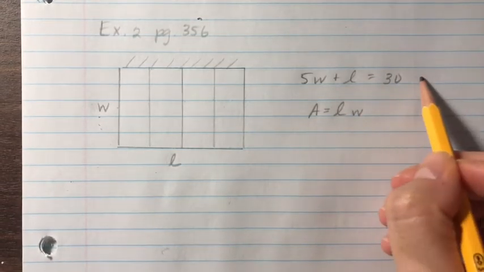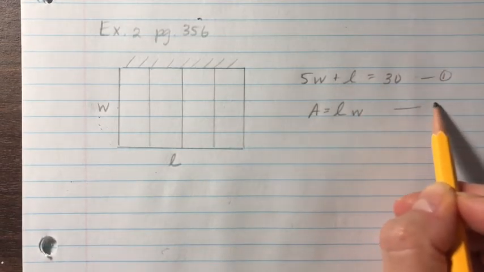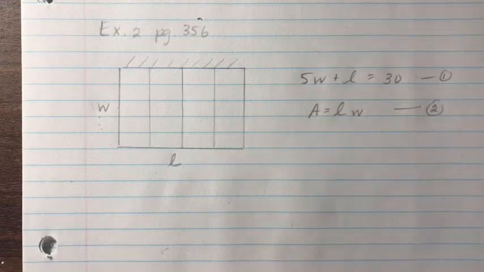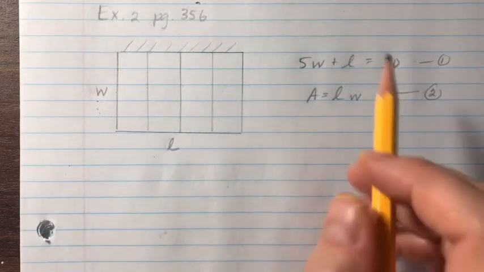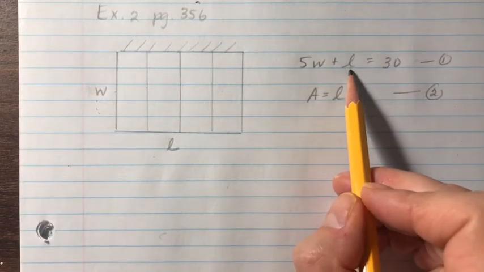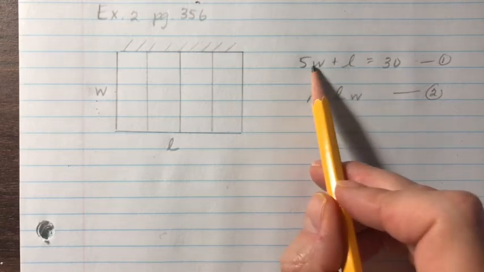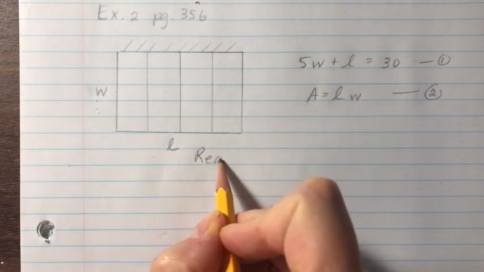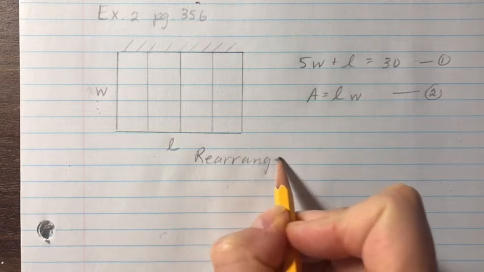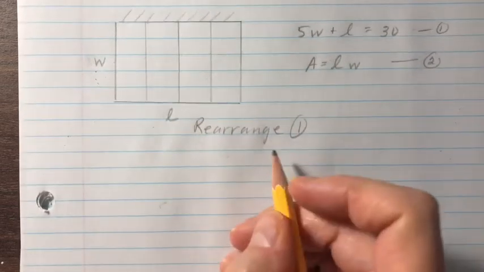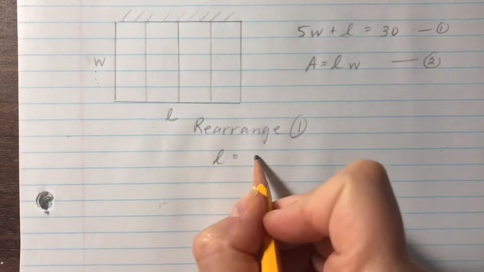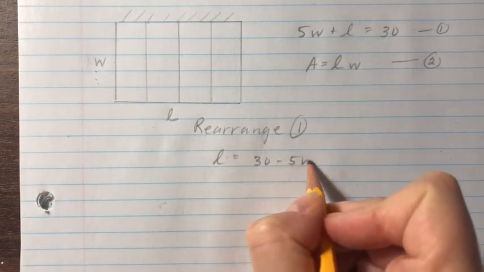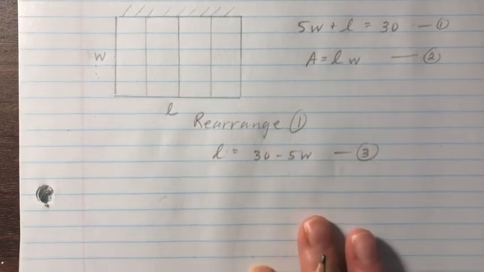Here I have two equations with two unknowns, and in order to solve them I have to use the method of substitution, similarly to what we did in chapter 1. So first I'm going to rearrange equation 1 to get L by itself, and that involves subtracting 5W from both sides. And I will call this equation 3.